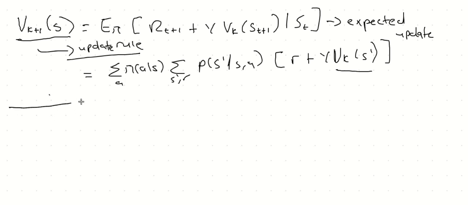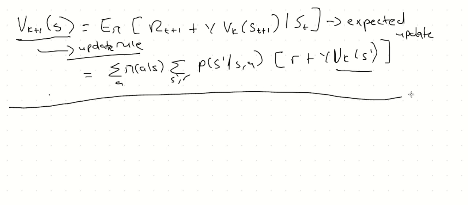Now that we've reached this point, I should also mention a key point: I'm going to write down the basic algorithm for solving the policy evaluation problem using this update rule.